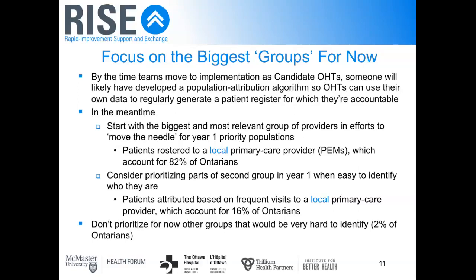And it felt like many people were losing sight of some of the big picture points: that over time in Ontario we will get more and more used to working with attributed populations. We will more and more be able to get a better handle on which particular patients are involved.